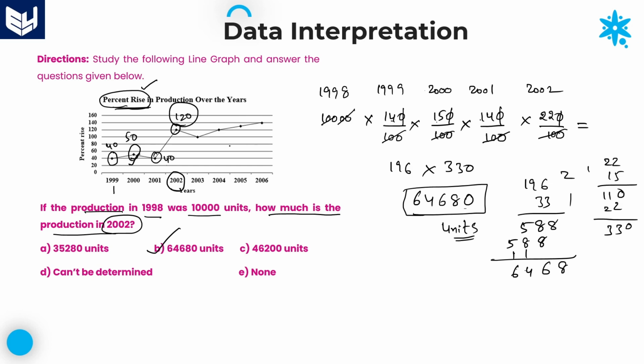The decrement is in the percentage rise compared with the previous year, but not in the values. Every year the values increase, but compared with the previous year's increment, this year's increment is less. That is the meaning of this kind of statement.